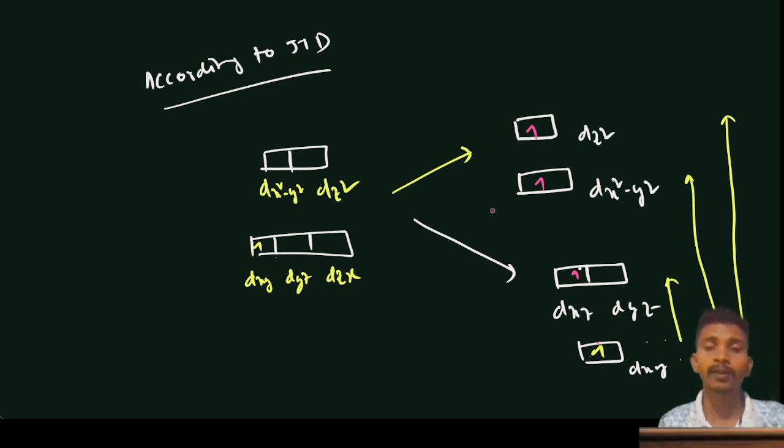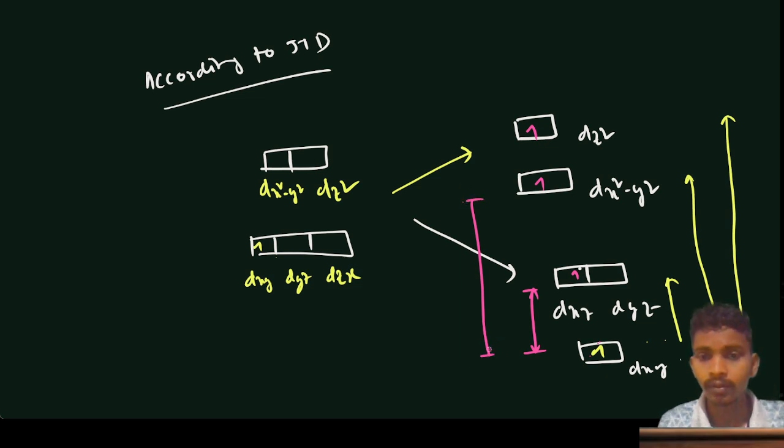So three transitions are possible, and in every case the difference is different. The difference from this to this, this to this, and this to this is different. Due to this difference in the energies of the transitions, the peak observed is also different.